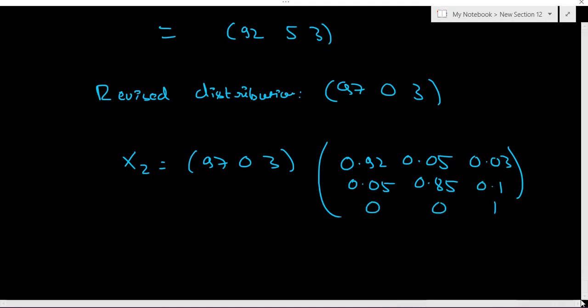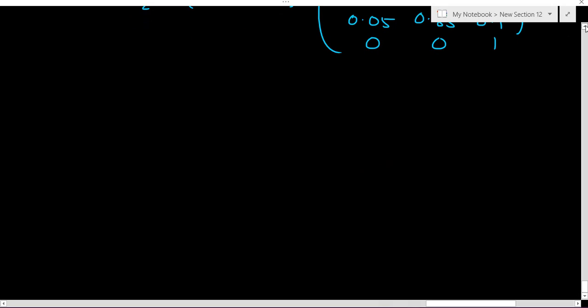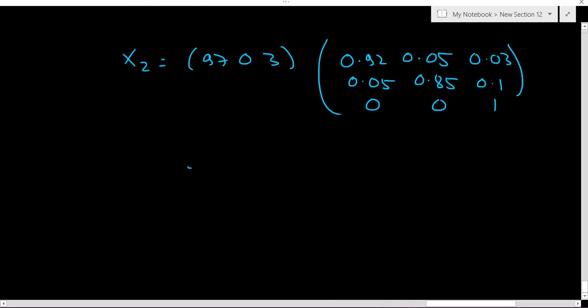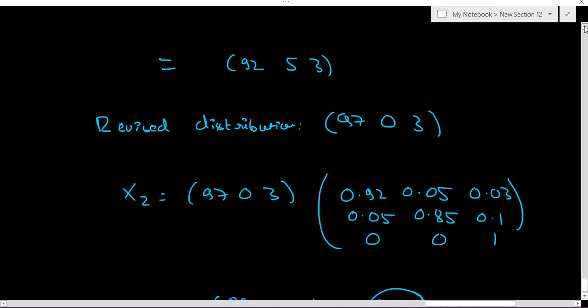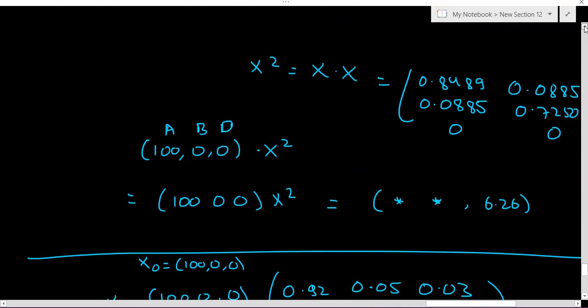Right, now if you multiply them together, it would come out to be finally 89.24, 4.85 and 5.91. So ultimately your defaulted number of companies come out to be 5.91. Okay, so earlier it was 6.26 without the downgrade trigger, but with the downgrade trigger it comes out to be 5.91. Okay, let's see the next part.